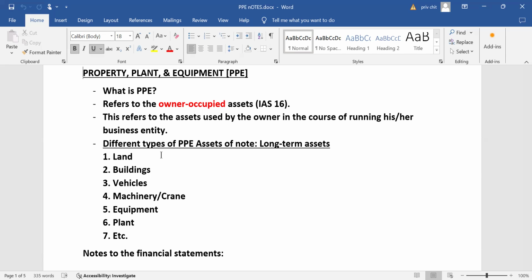If the land was bought, say, in 2019, which might be slightly far, let's just say 2022, and it was acquired for 500,000. By the time you get to the 2024 financial period, because of time differences, the value of the property would have to be revalued. We call that the revaluation process, right?